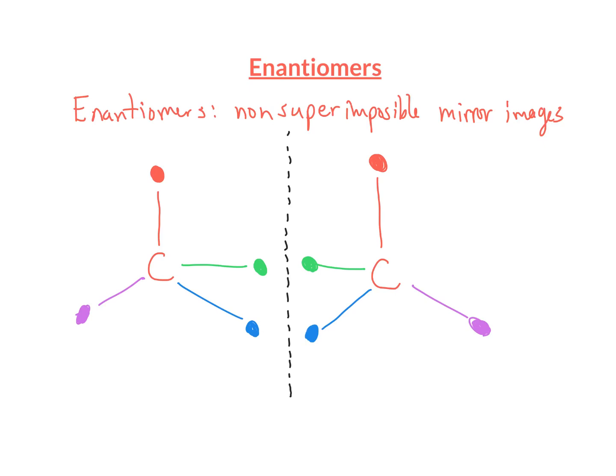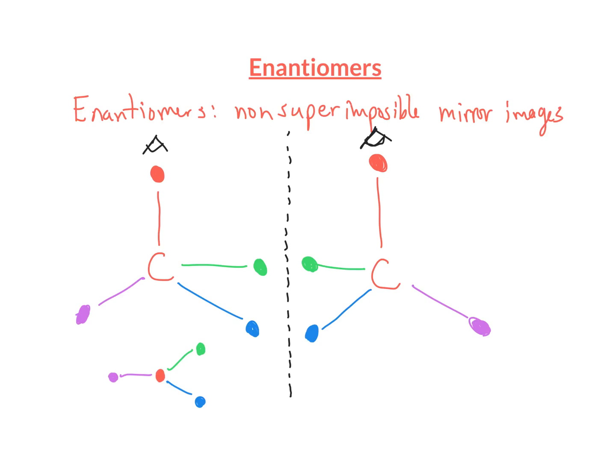And if we were to sit at the top and look down this carbon-carbon bond, this red carbon bond with this substituent, for the first example, we would see red in the center, I would see purple and blue and green.